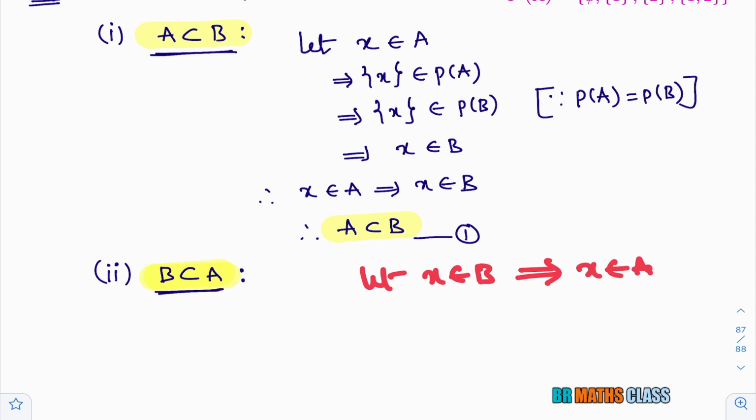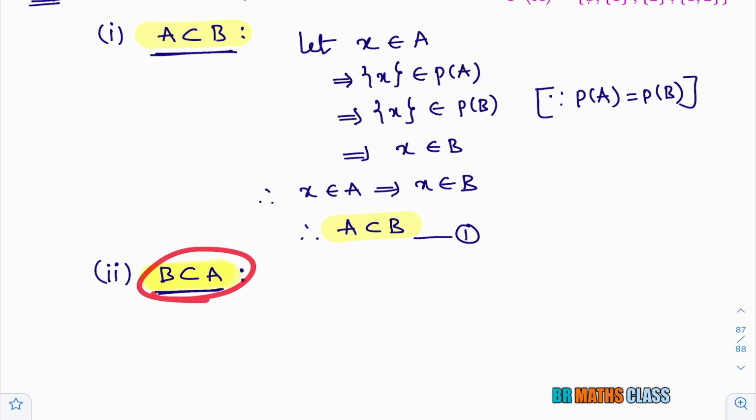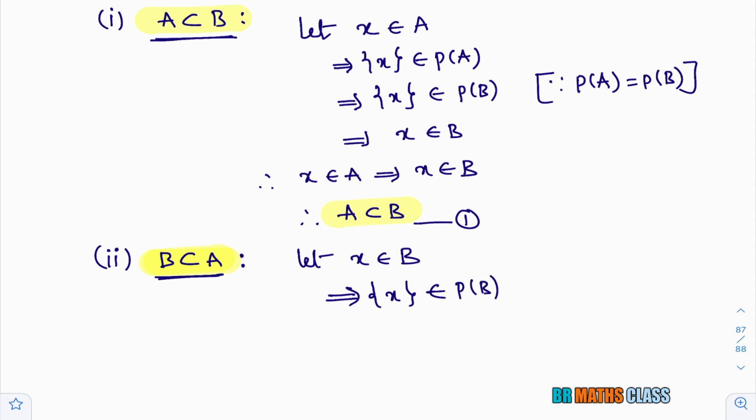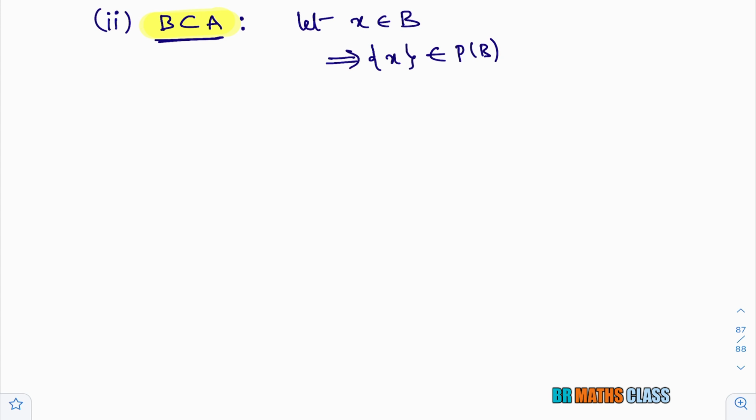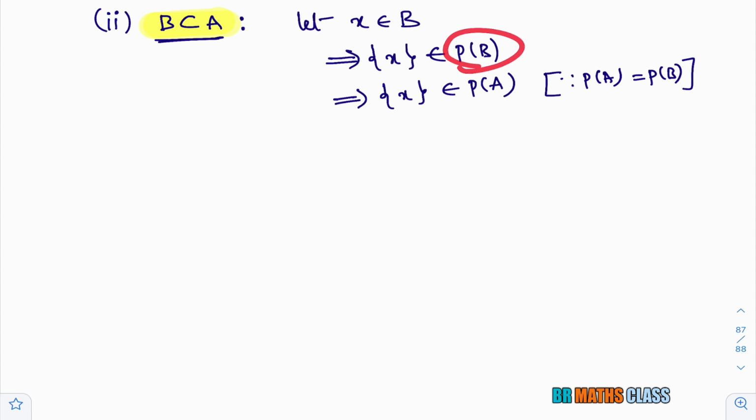At the end, if I get that X belongs to A, then I can say that B is a subset of A. So first I need to take one element in set B. Let X belong to set B. If X belongs to set B, it is 100% clear that the singleton set {X} definitely belongs to P of B. In the question, they have given that P of A is the same as P of B. So the singleton set {X} definitely belongs to P of A, since P of B is the same as P of A.